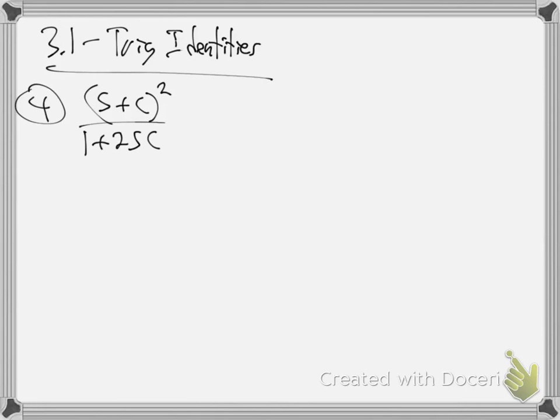Why don't we FOIL out that top? Is that 2 going to be distributed to the sine and the cosine? What it means is you've got to write S plus C twice, 2 parentheses, and then FOIL on the top.